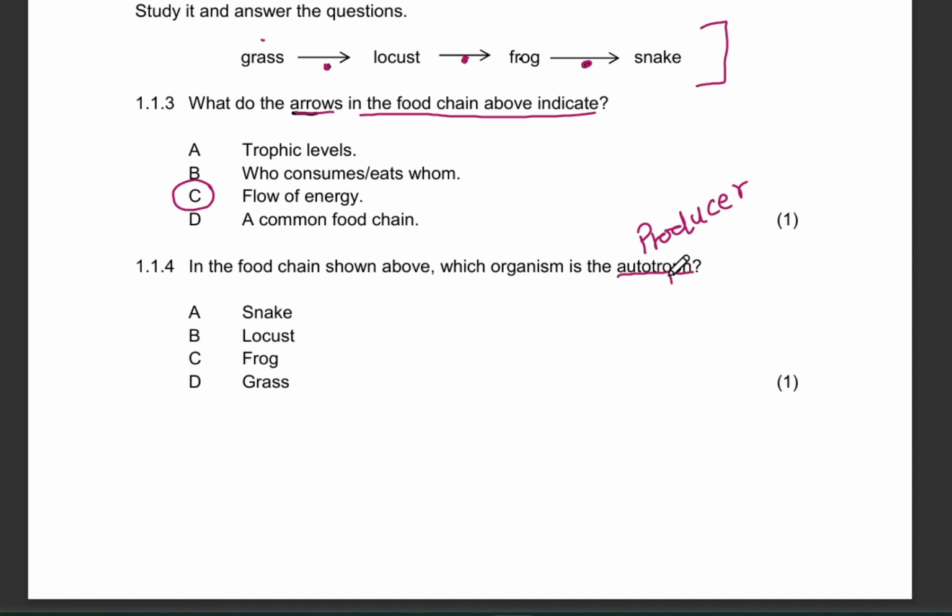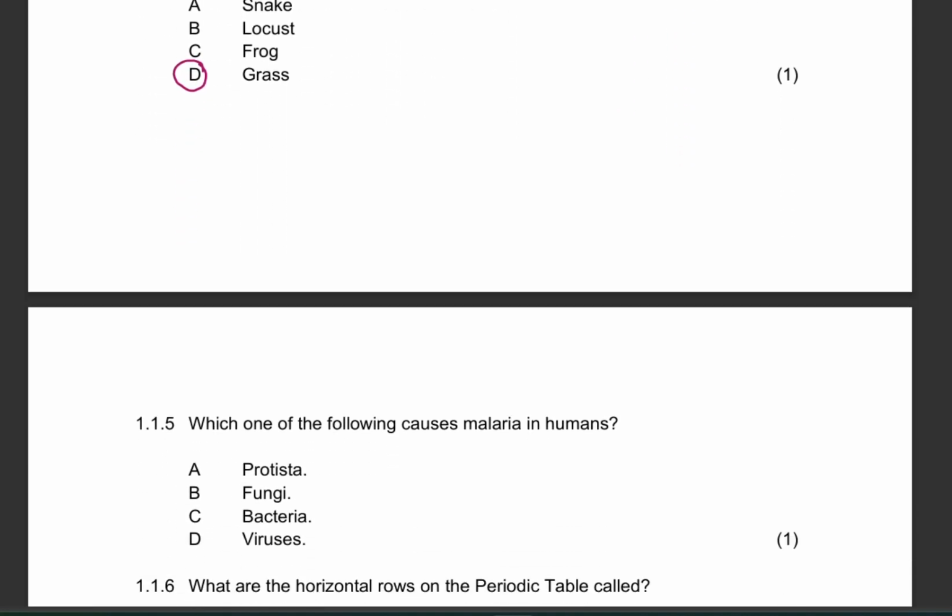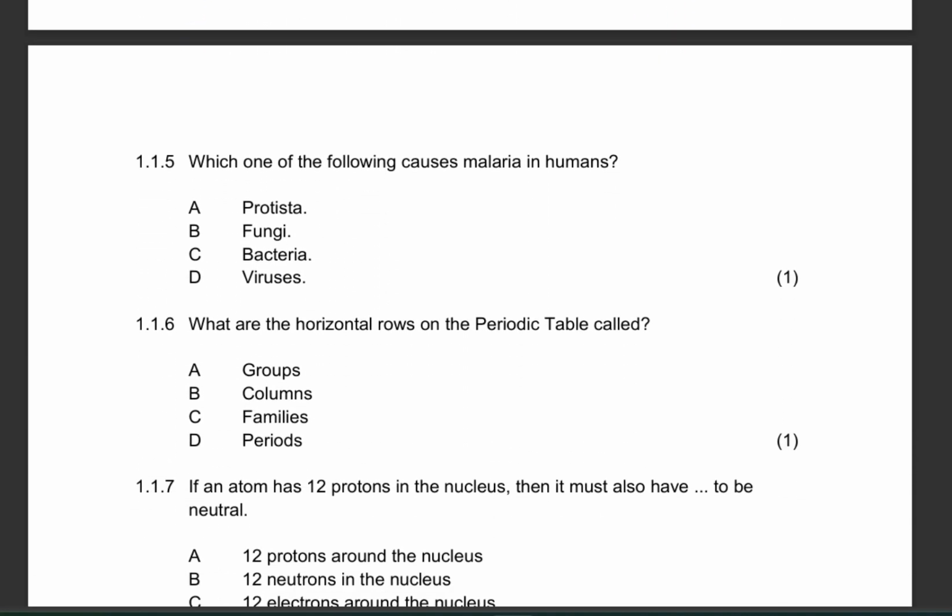These are organisms that are able to make their own food. They are regarded as autotrophs, while organisms that cannot make their own food, which are basically consumers, are referred to as heterotrophs. Okay, so from our food chain, the organism that is an autotroph is obviously the grass. Hence, option D will be the correct one because the grass will undergo photosynthesis in order to make glucose, and oxygen will be the byproduct.